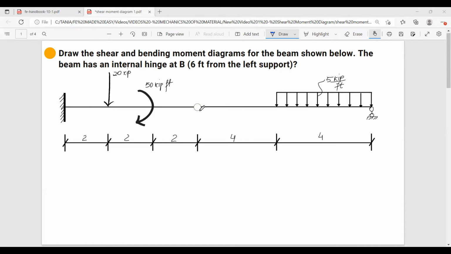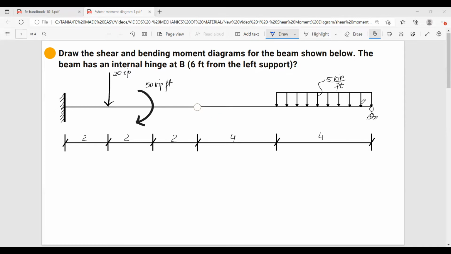So in order to solve it, we're going to have to actually solve for this part first, draw the shear moment diagram, and then take the reaction that we have here and add it as a load, and solve for this side. Draw the shear moment diagram, and at the end we can just combine and draw the total shear moment diagram for the entire beam. So let's do that.